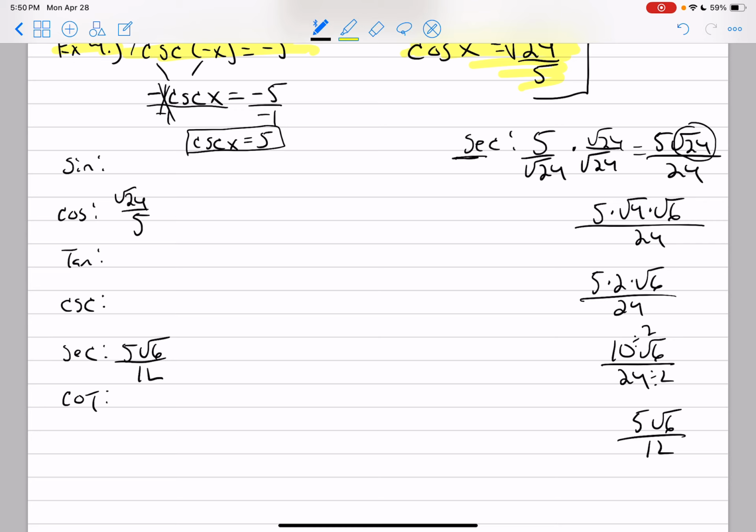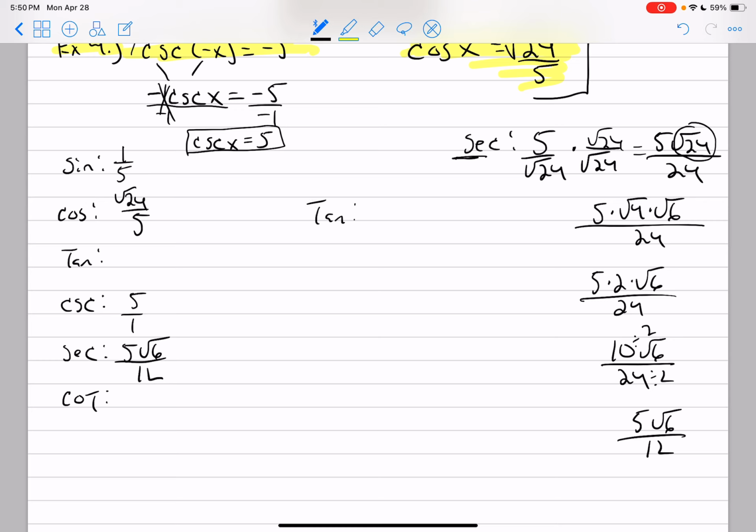And I knew the cosecant was 5 over 1, or 5, which means the reciprocal of that, sine, should be 1 over 5. That seems pretty good. And now you should be able to find tangent, because you know what sine and cosine are.